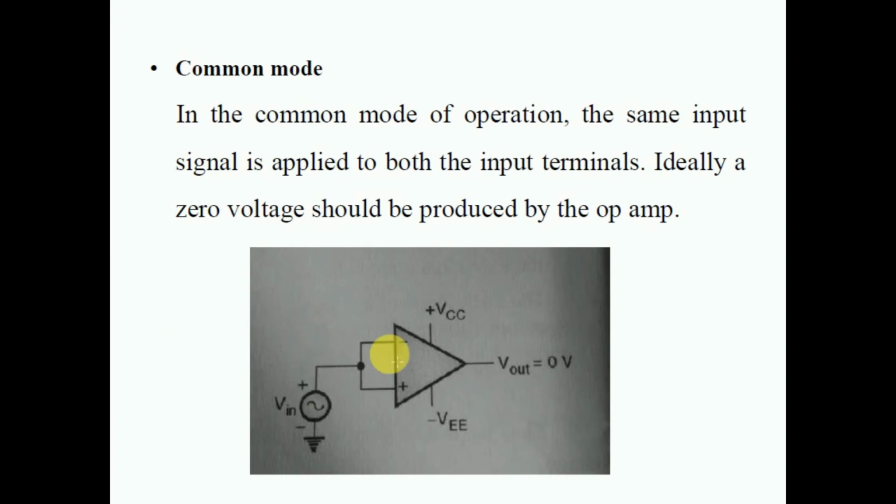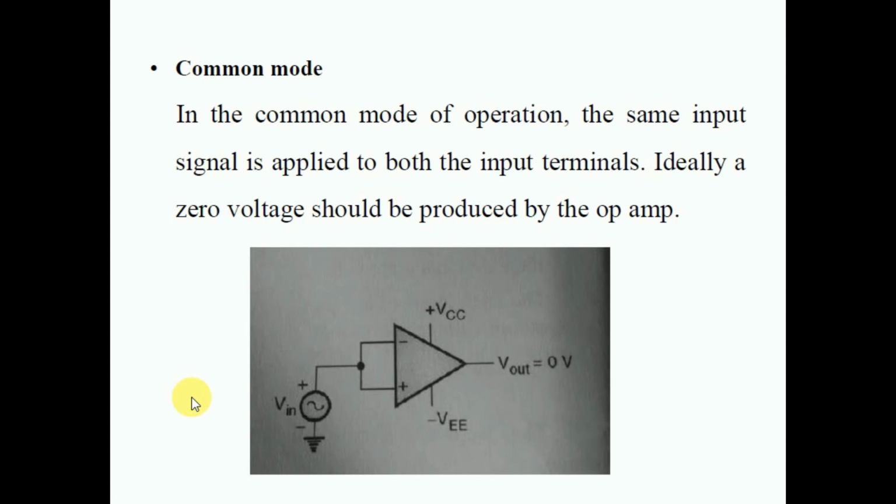Why? Because the differential amplifier will work like that. If you provide both the same, then ideally the difference should be zero only, right? No difference can be found in this particular mode of operation. So that's why the output must be zero, right?